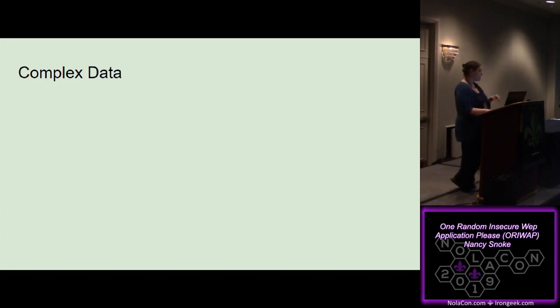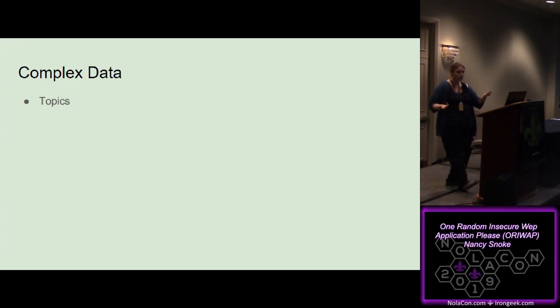So the complex data. The first thing is the topic, and obviously the random number generators were not too random here recently, so you have to be a little bit creative in how to generate this. There's a main topic, and they're not all cats, I promise.